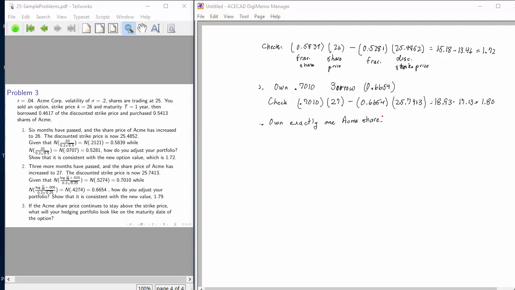In order to do that, I'm going to have to keep borrowing more money from the bank. But what am I going to borrow? I'm going to borrow 100% of the undiscounted strike price.